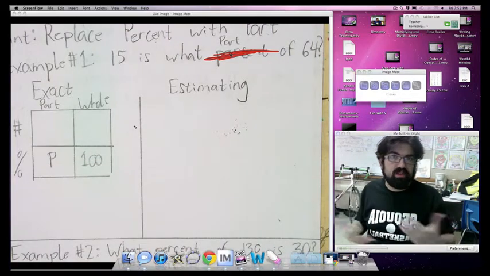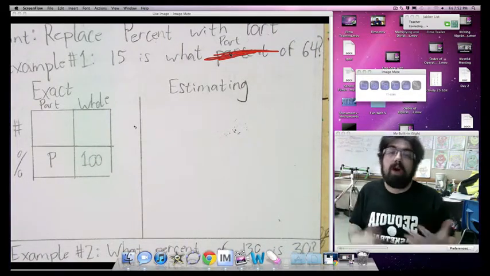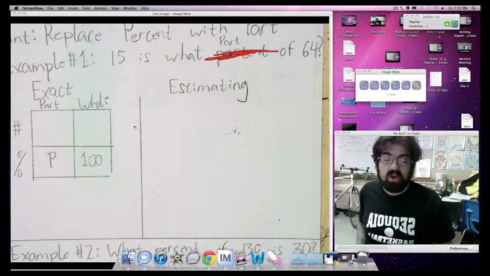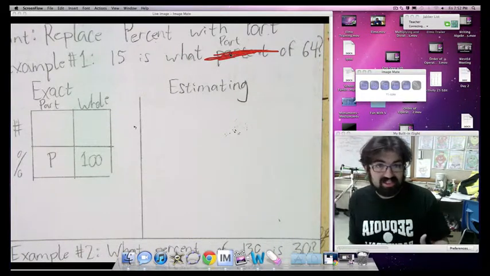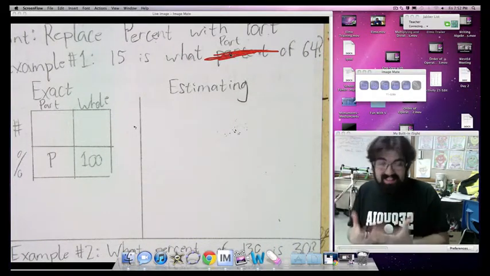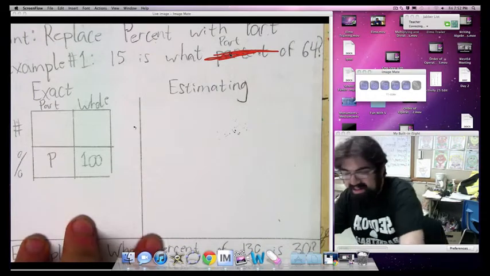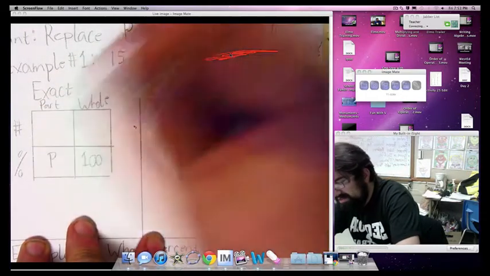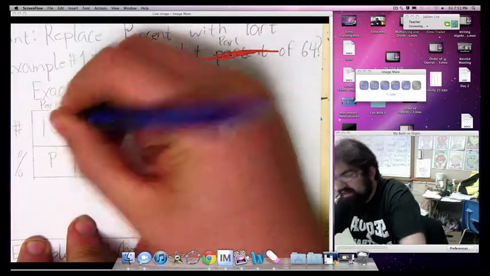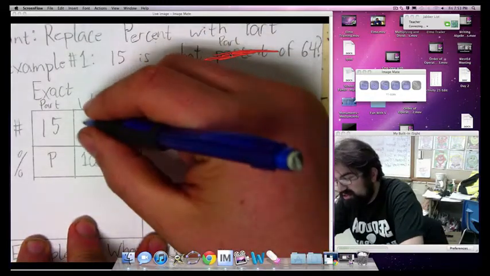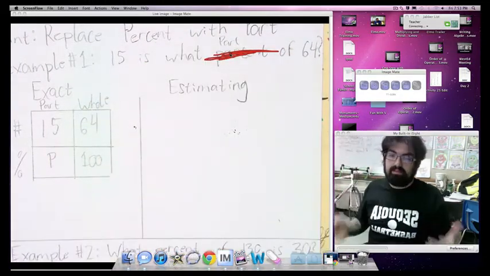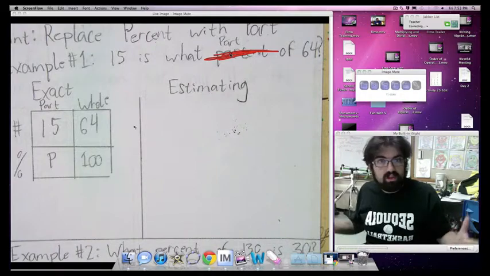So let's read it with that. 15 is what part of 64? Well, 15 is a part. It's a piece of 64. Then the part is 15, and the whole must be 64. Cool. Let's set that up and solve it.